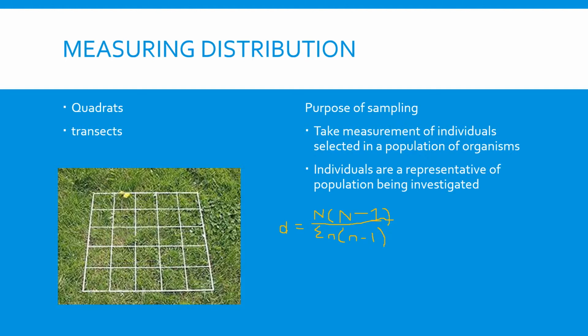Now you might be thinking, what is this? Well, the D is species diversity. I'm so sorry, but I'm doing this on my laptop, so I can't write it out.